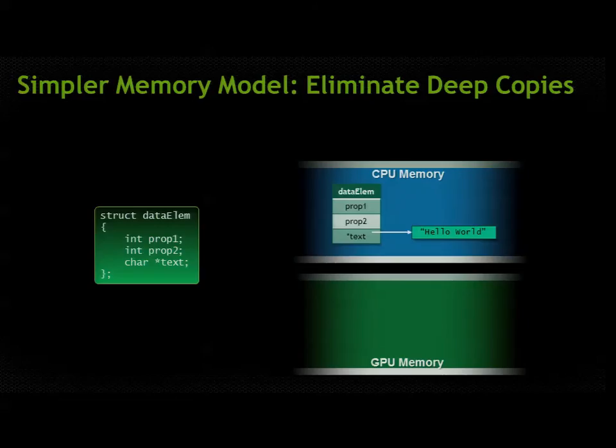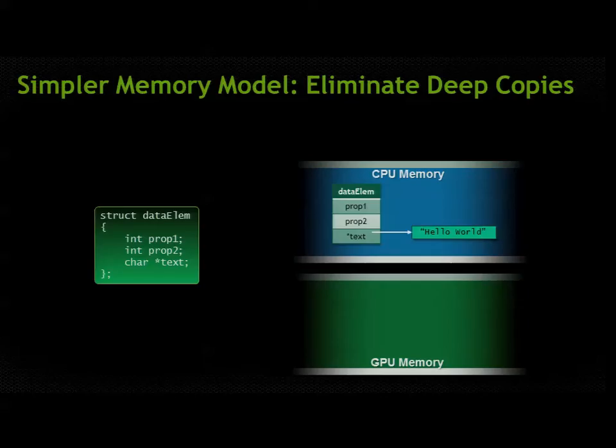Now, one case where it just tremendously simplifies your life is when you have C++ applications. And that's one of the targets for unified memory: C++ applications where you have fairly complex objects, complex data structures that need to be moved between host and GPU. Imagine just the following case where you have a struct that has, say, 2 integer properties and a pointer to a string.